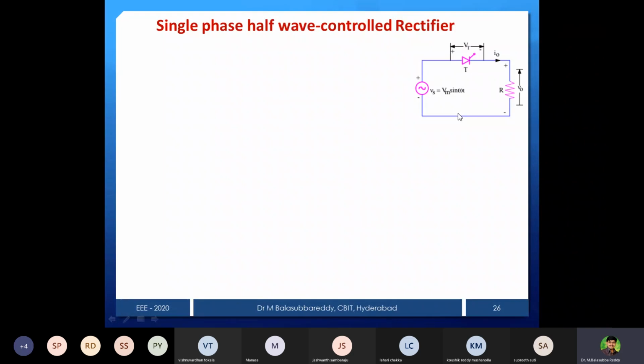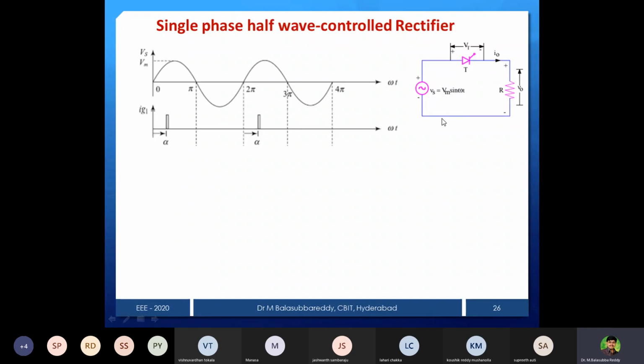Just for understanding, I already explained this circuit. This is quite simple. If you try to understand any circuit, how to get the output and the operation of this, in any circuit the operation can be explained in two simple ways.